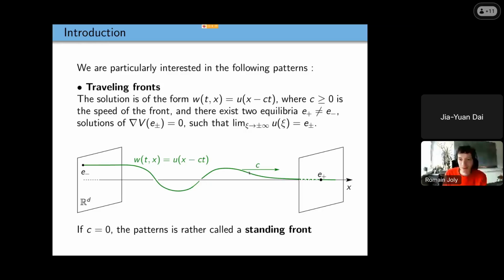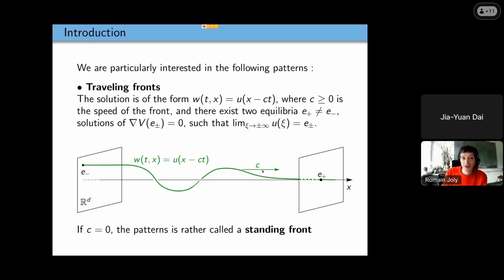I talk about a traveling front if c is really positive, non-zero. You can also introduce standing fronts, with zero speed, but we will see that it's not so important in the dynamics.